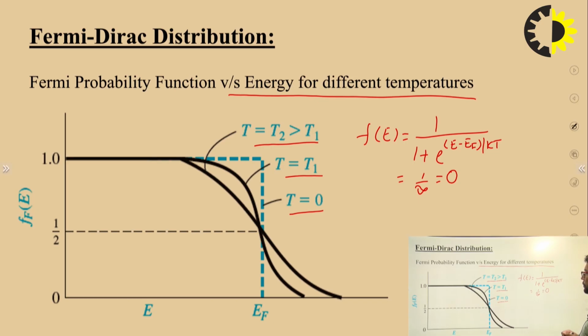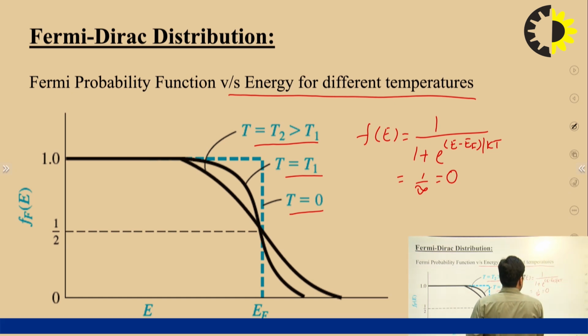The analysis of this Fe is not complete by putting T equal to 0 only. Here we need to consider two cases for T equal to 0.